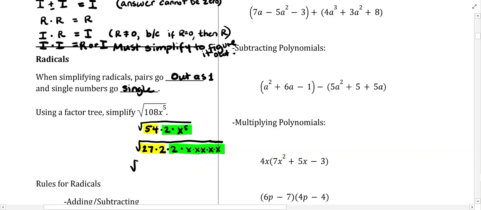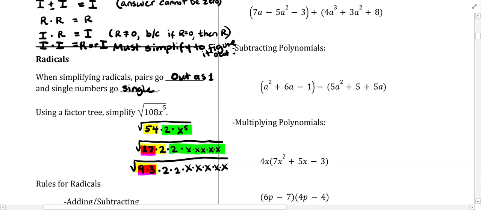So that would be 9 times 3. That's this part right here, the 27. So you have to remember to bring the yellow 2, the green 2, and the 5 x's.